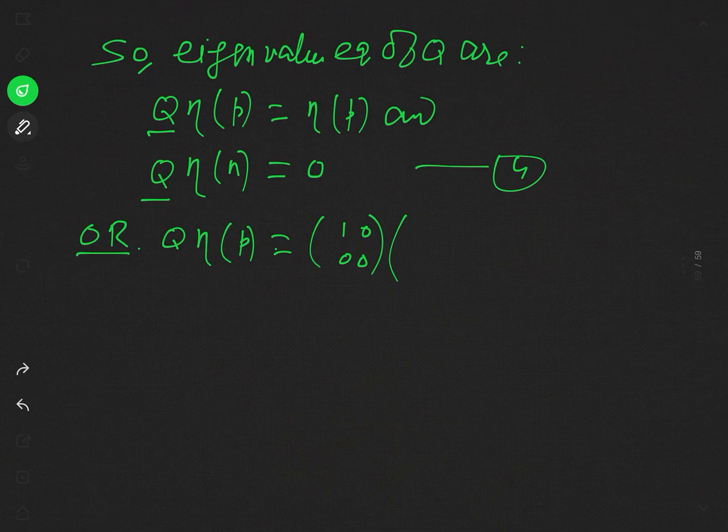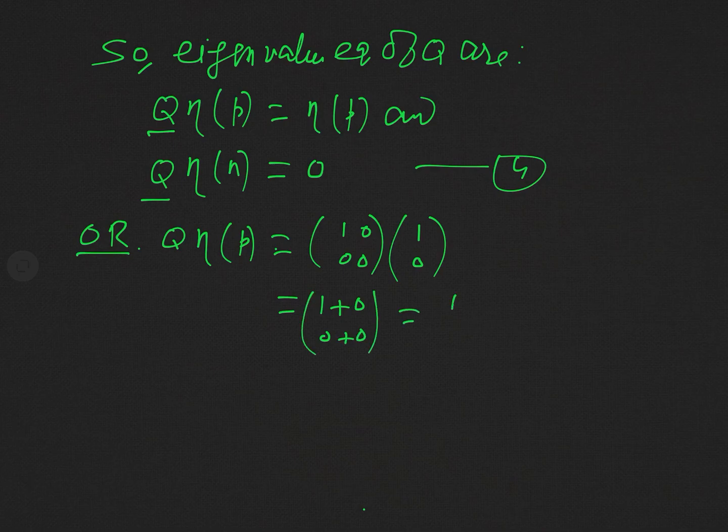So put this matrix here, this will be 1 0, and let us multiply it. 1 times 1 is 1, 0 times 0 is 0, 0 times 1 is 0, and 0 times 0 is 0.